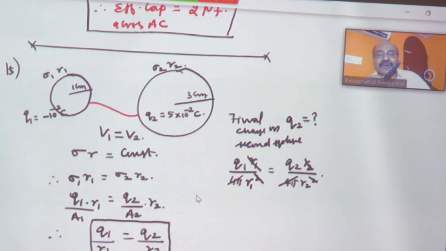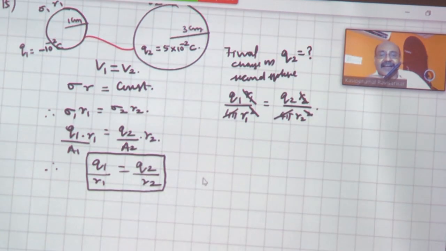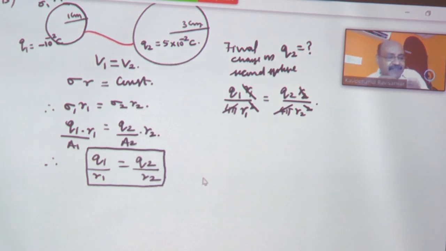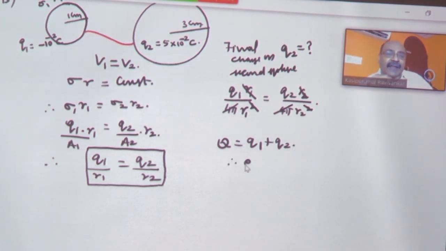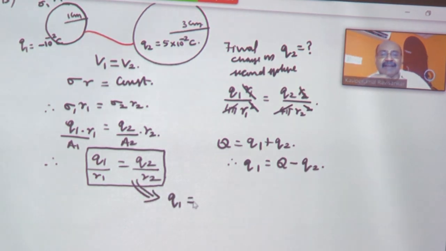Q1 divided by R1 is equal to Q2 divided by R2. What else do we have to do? Let us simplify this. I know that when we are joining the spheres, the total charge available Q is equal to Q1 plus Q2. Therefore, how can I write Q1? Q1 is equal to capital Q minus Q2. From this relation, on cross multiplying, I get Q1 is equal to Q2 divided by R2 into R1.